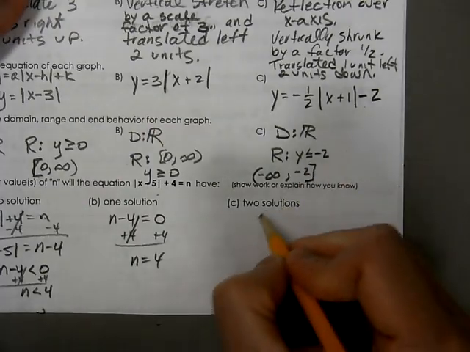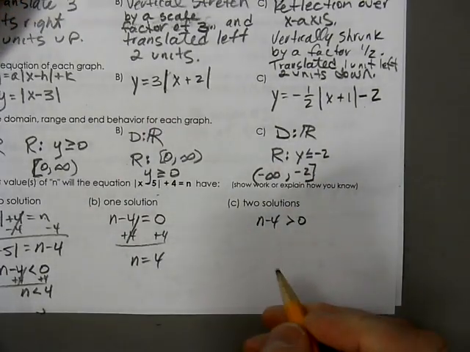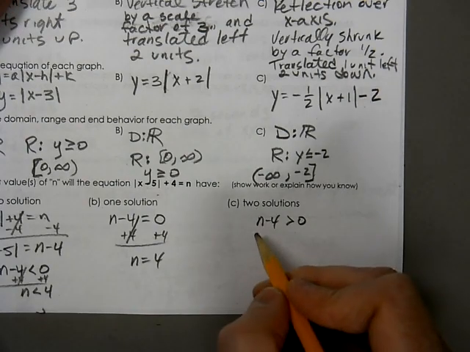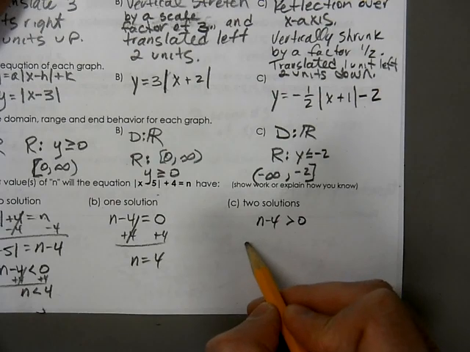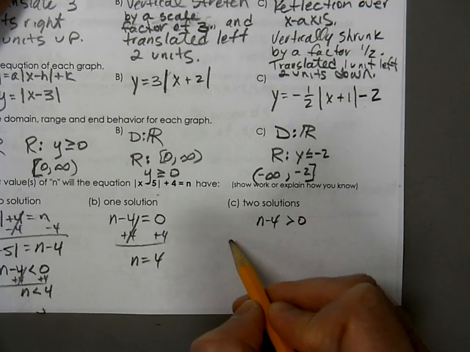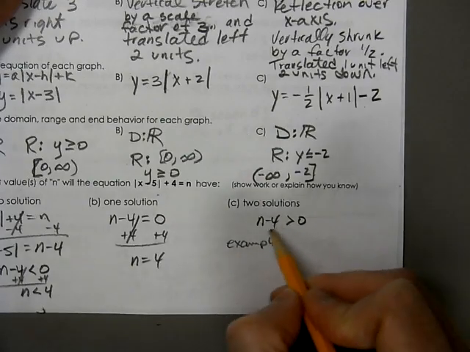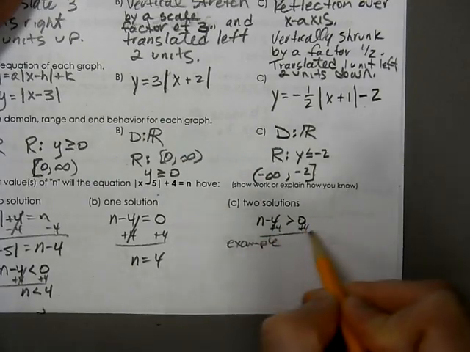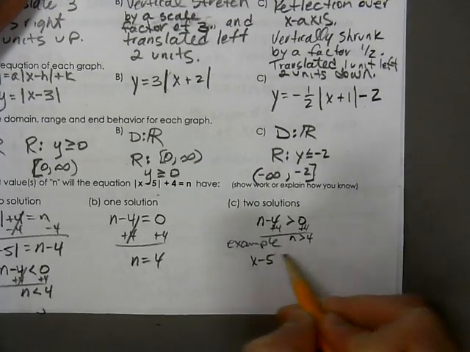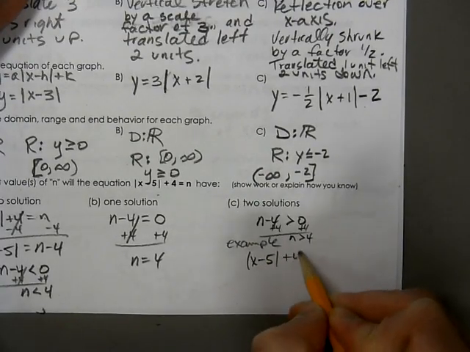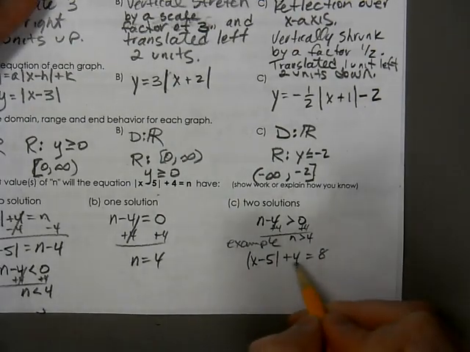Two solutions is when the n minus 4 is going to be a positive value. So to do that, I can show an example. Add 4 when n is greater than 4. So absolute value of x minus 5 plus 4 equals 8.